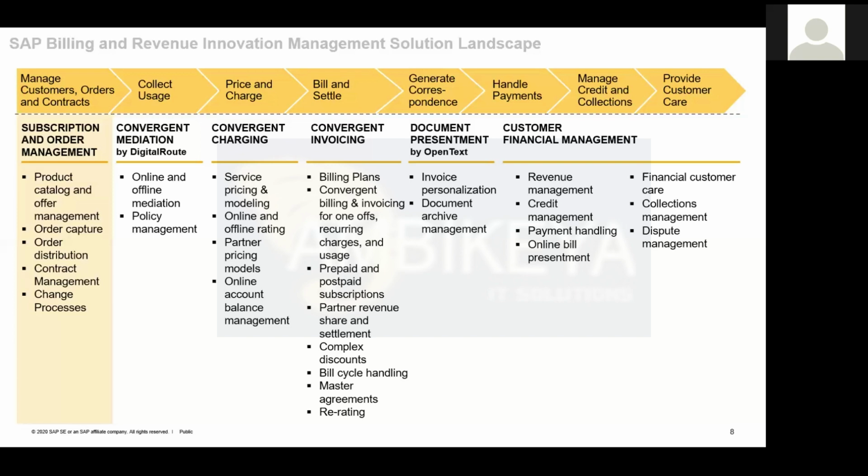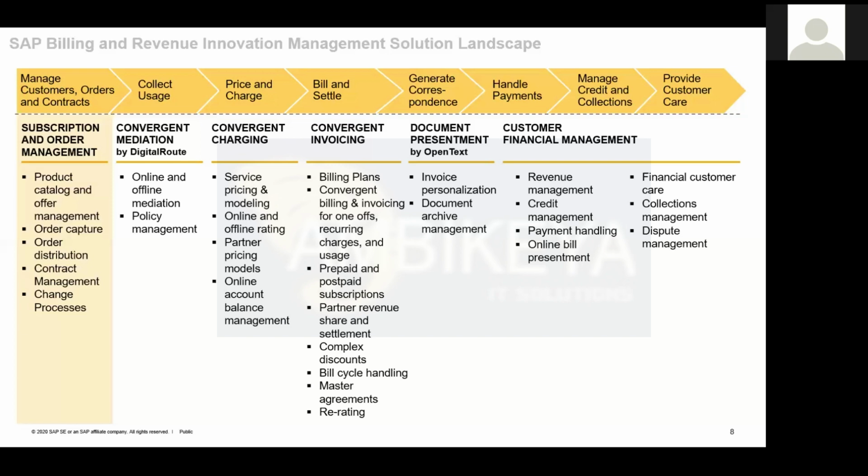In Convergent Invoicing, we have the billing plans that are able to create recurring fees. We have the Convergent Billing and Invoicing processes for different components: one-offs, recurring charges, and usages. You can also have other rating systems in place that deliver billable items to Convergent Invoicing.